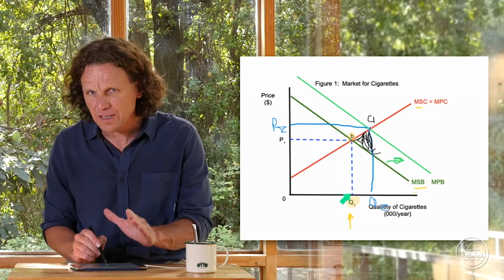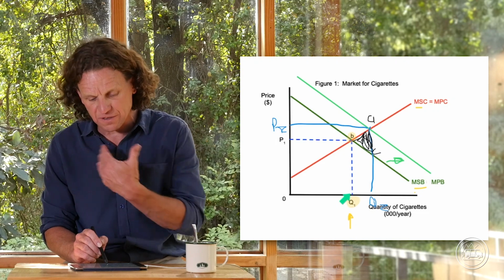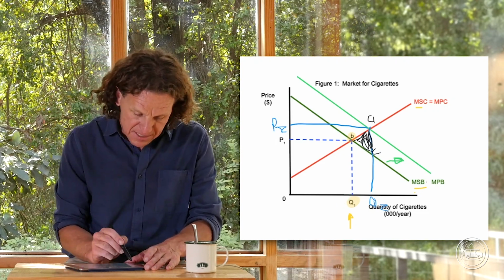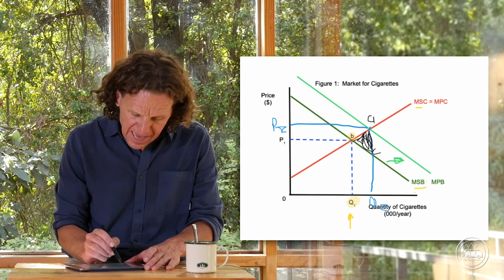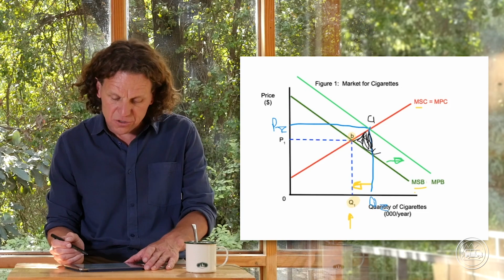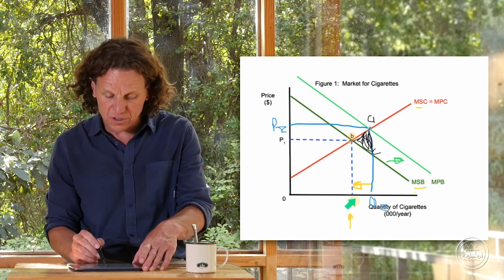So the government's going to get involved, and in the next video, we're going to take a look at the government solutions to fix this. But what the government wants to do is say, no, that's bad. We want to get back to the socially optimal level of output, which we all know is Q1.